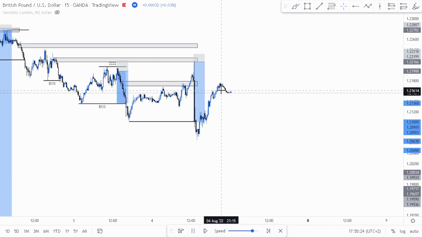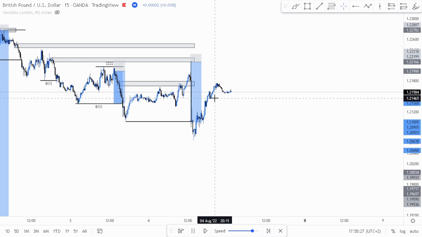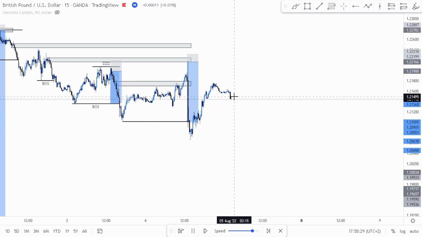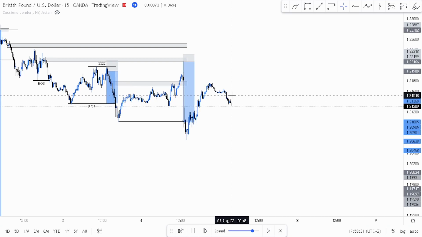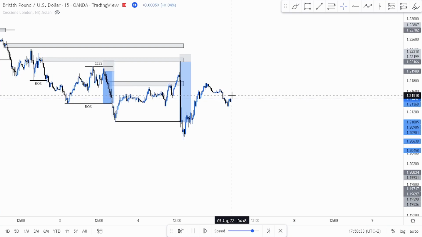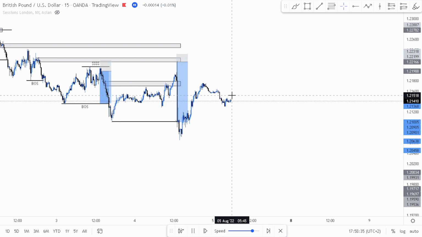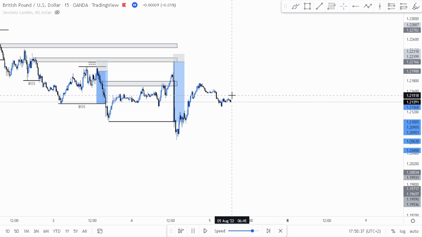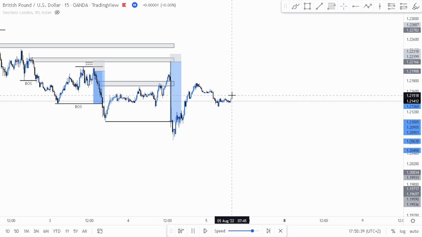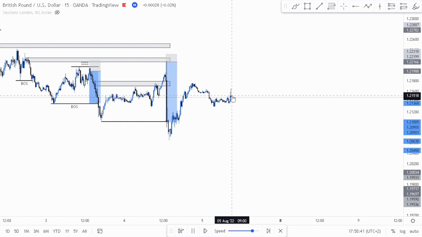This was all happening on Friday, so I had the luxury of stepping away from the market. It was NFP. I did not trade the NFP, simply because I'm not good at trading fundamentals, so I just step away from what I cannot trade.